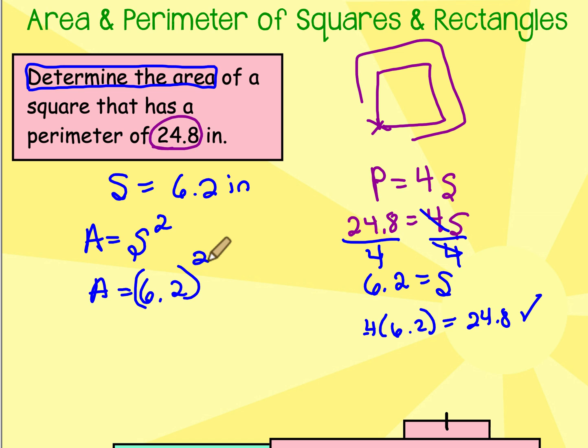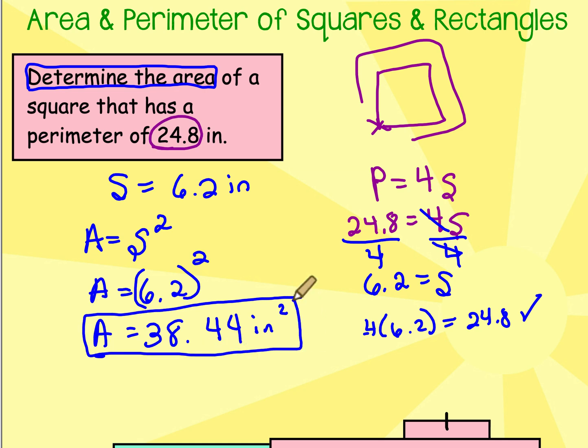So when I do that, I get 38 and 44/100. Now I have to put in my units. Because this time it's area, it's not inches, but inches squared. So what is the area of a square that has a perimeter of 24 and 8/10 inches? It is 38 and 44 hundredths inches squared.